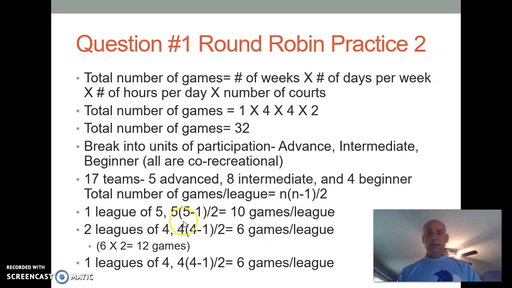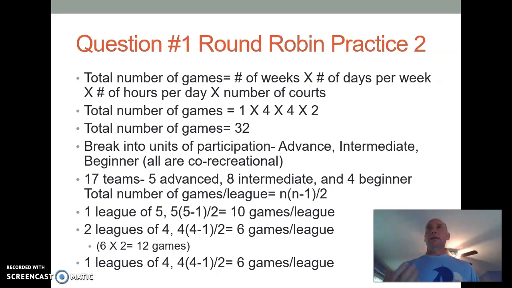So if we put that in the equation, we say 8 minus 1 is 7, times 8 is 56, divided by 2 is 28. We only have 32 games as a whole, so 28 of those 32 are going to be intermediate, so it's not going to work.